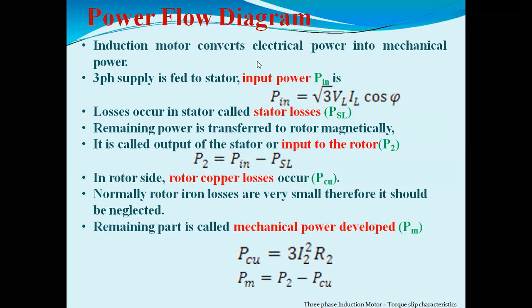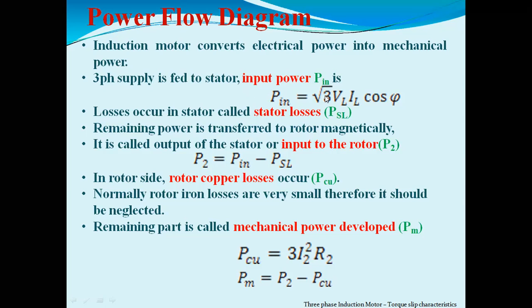So when we give the 3-phase supply, we can take input power equal to the standard formula. This is a bit complicated to explain, but it is the standard formula. Here we are using the square root of 3 because we are calculating for a 3-phase supply.